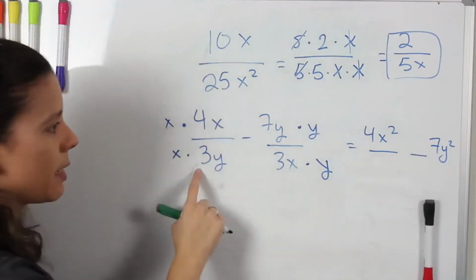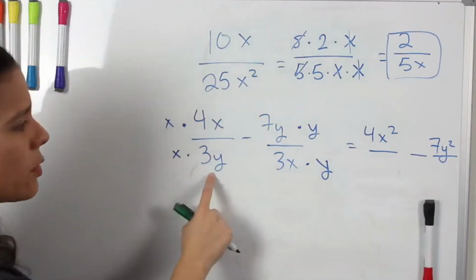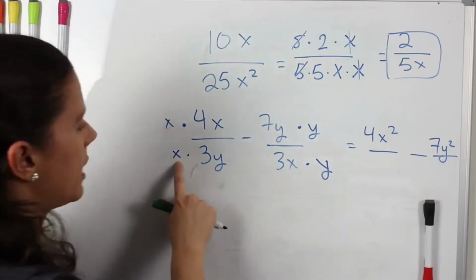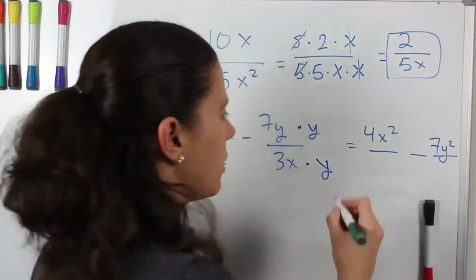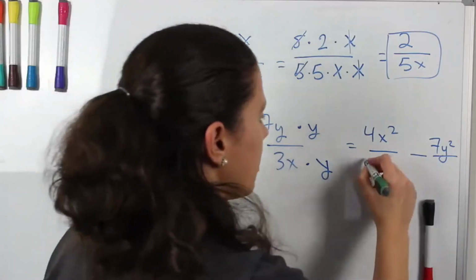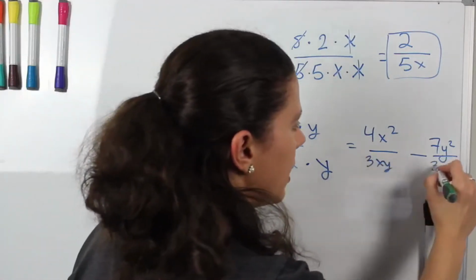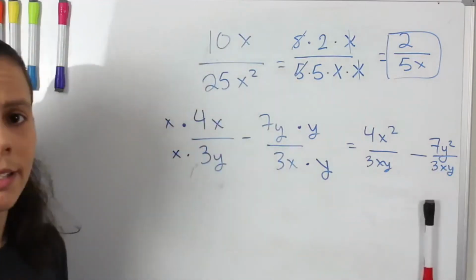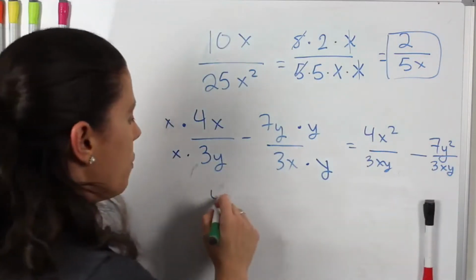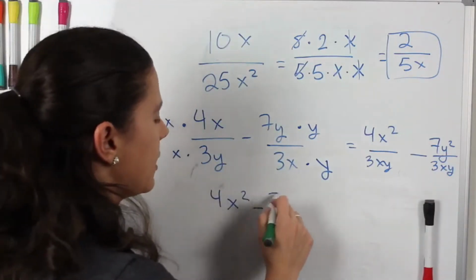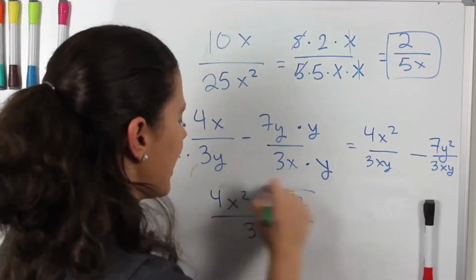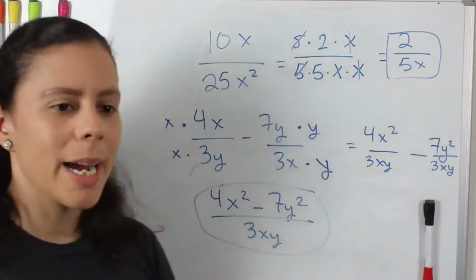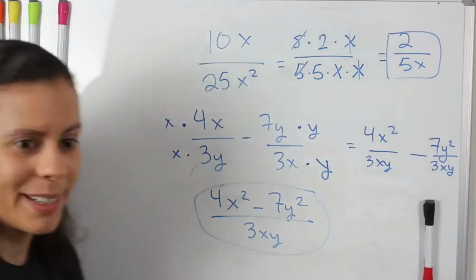And at the bottom, we're going to have 3xy on both, because x times 3 times y is the same thing as 3 times x times y. Commutative property, right? So this is 3xy at the bottom. Now we have the same denominator. Boom. 4x squared minus 7y squared over 3xy. That's your answer. Big, scary number.